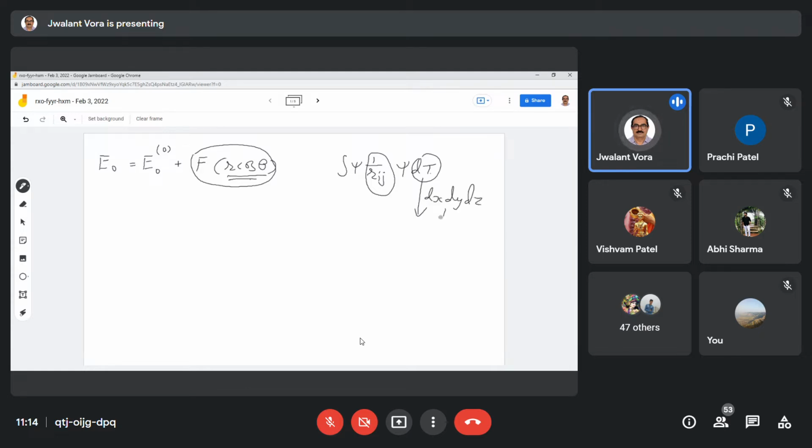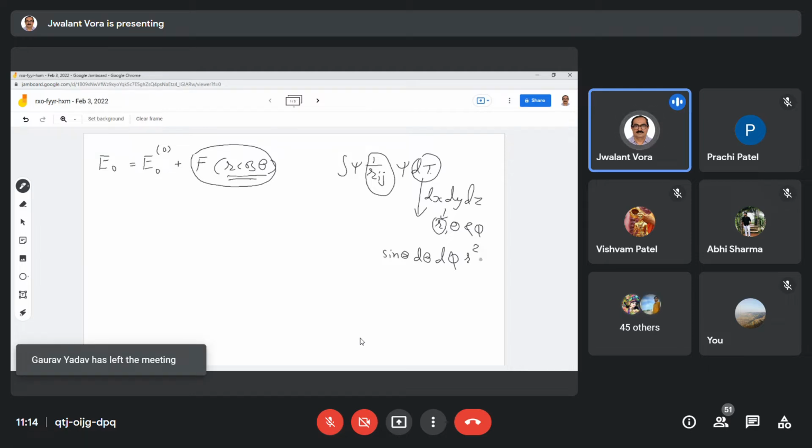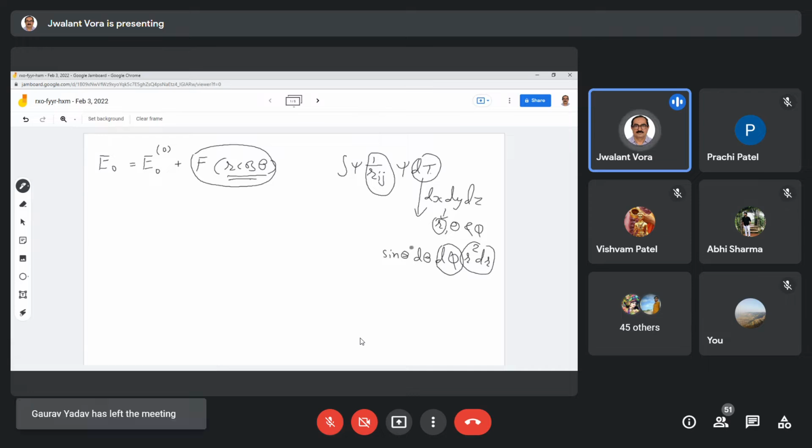If we convert them into r, theta and phi, we get sin theta d theta into d phi into r square dr, for phi, r and theta. So let us talk about this integration only.